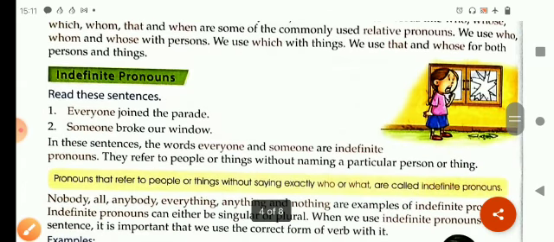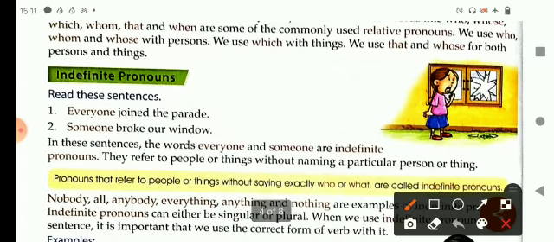Now let's read about indefinite pronouns. The first sentence is: Everyone joined the parade. The second sentence is: Someone broke our window. In these two sentences, the words everyone and someone are indefinite because they refer to people or things without naming a particular person or thing.